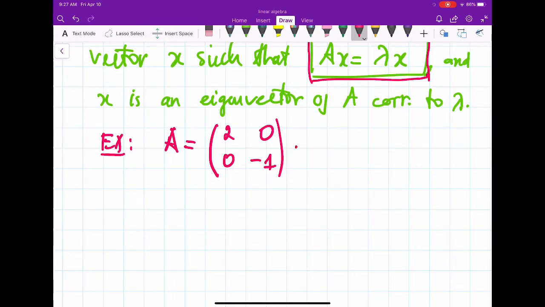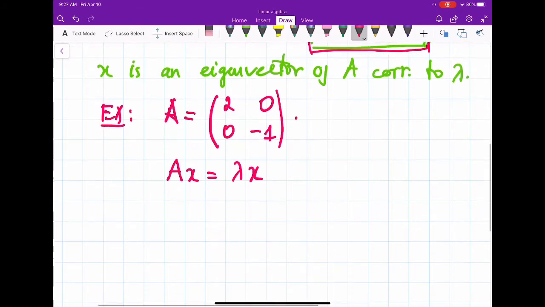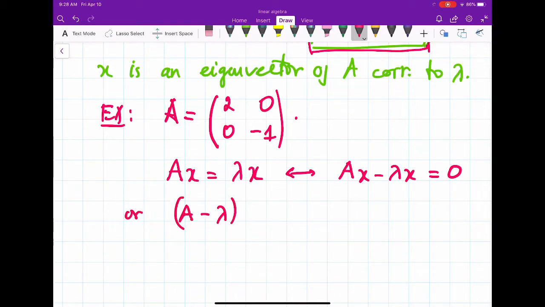Ax = lambda x, right? Since A is linear, from this equality, I have Ax - lambda x = 0, or (A - lambda I)x = 0.